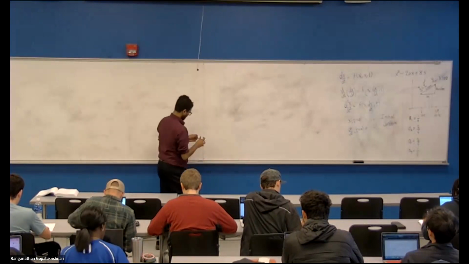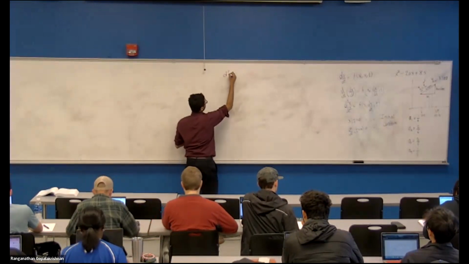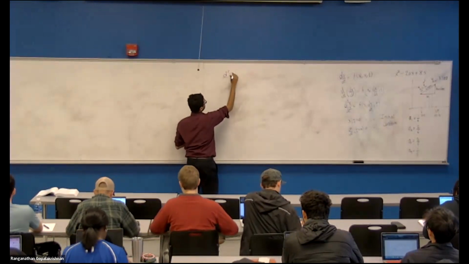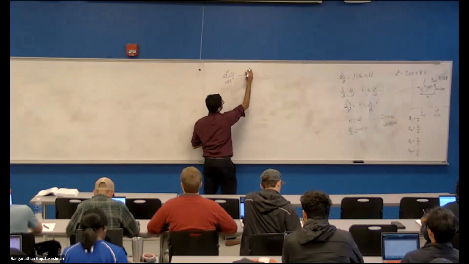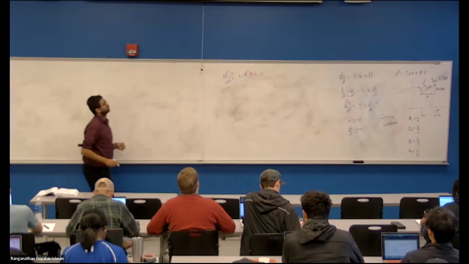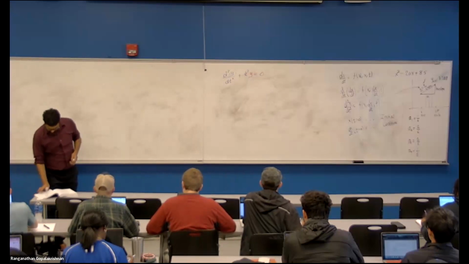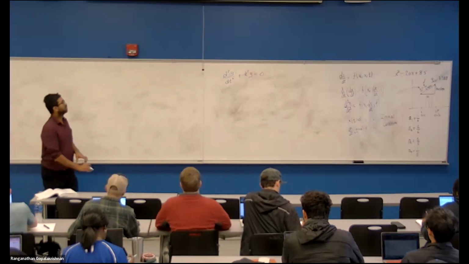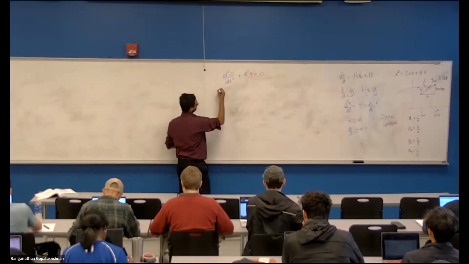So the problem in hand is d squared y over dt squared plus k squared y equal to 0. You can obtain an analytic solution for this.